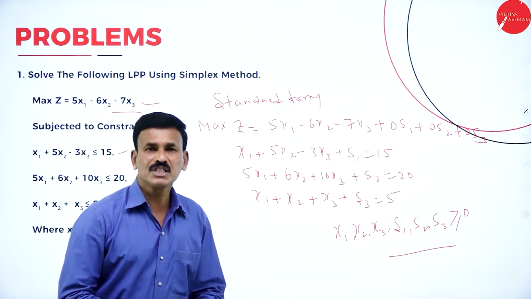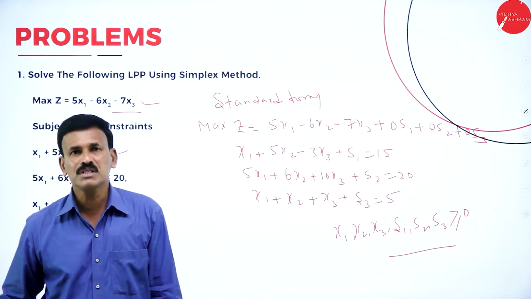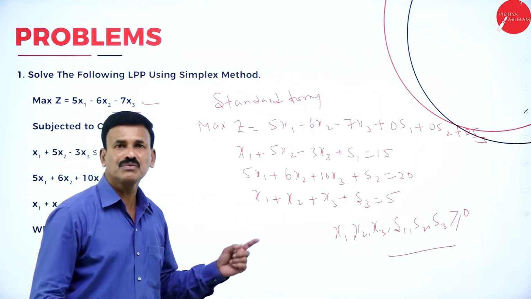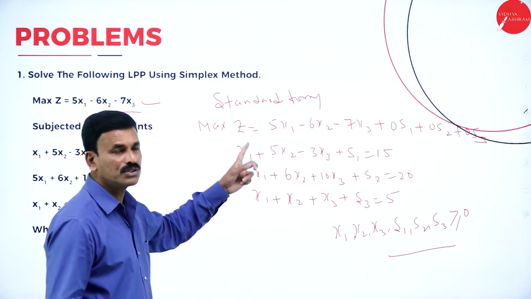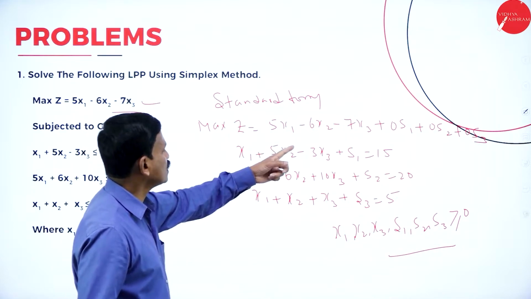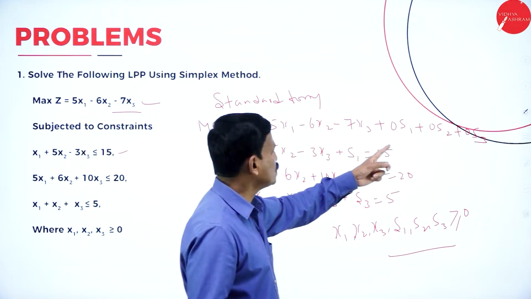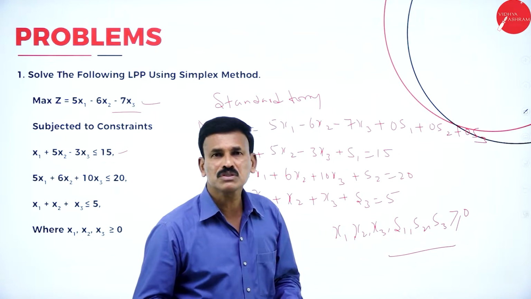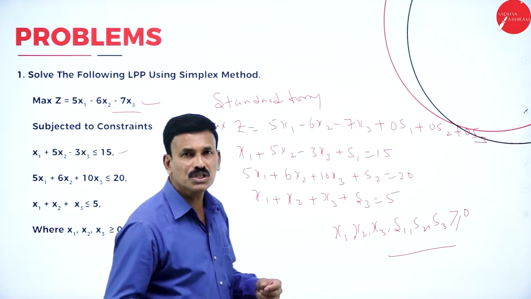So for the given equation, add the slack variables s1, s2 and s3. The objective function is found to be max z is equal to 5x1 minus 6x2 minus 7x3 plus 0s1 plus 0s2 plus 0s3. The initial cost of s1, s2 and s3 are found to be 0.